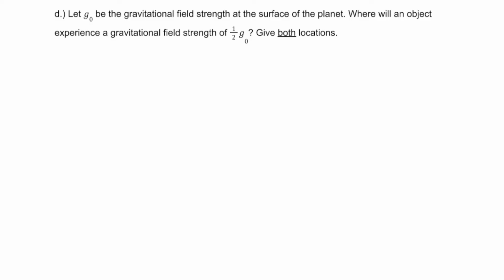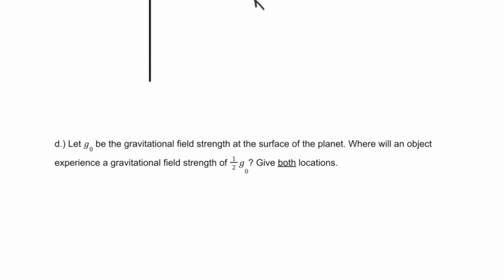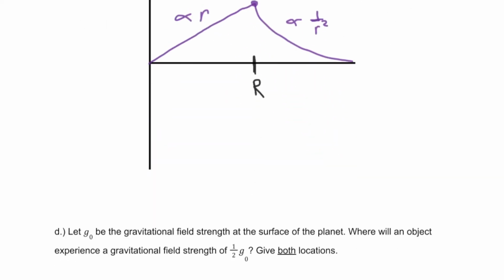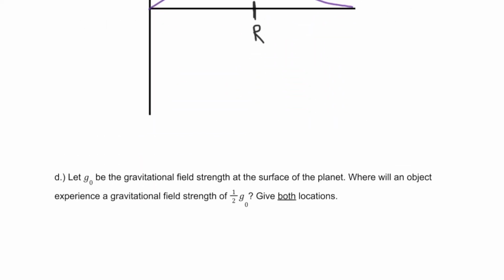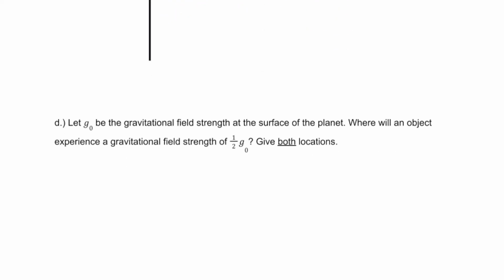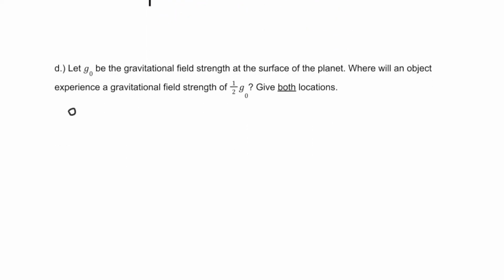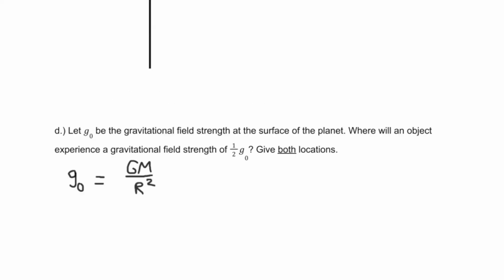And lastly, let g sub 0 be the gravitational field strength at the surface of the planet. Where will an object experience a field strength of 1/2 g naught? Give both locations. So what we're saying is, if g naught is the value of g at the surface, which we said before is just equal to GM divided by R squared, where big R is the radius of the planet, where can we get a field strength of 1/2 g naught?